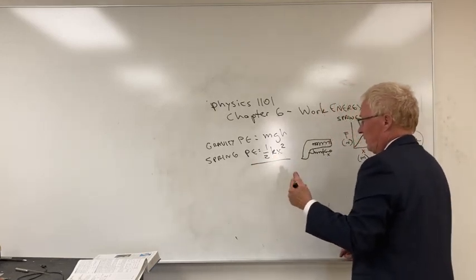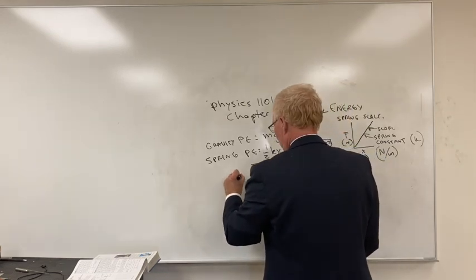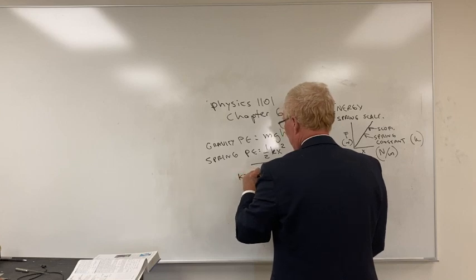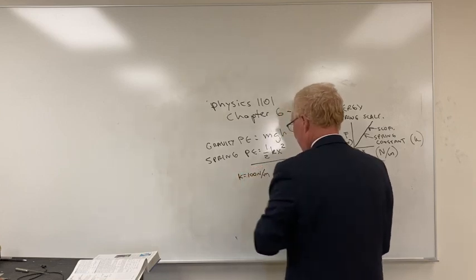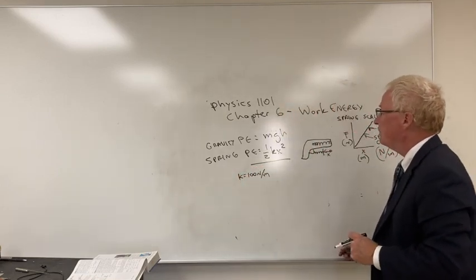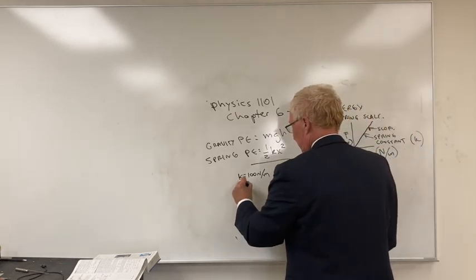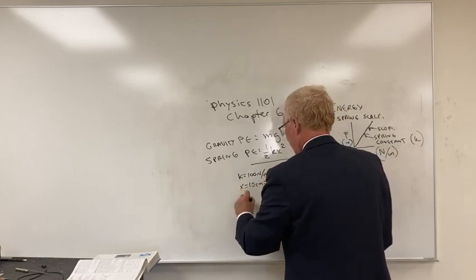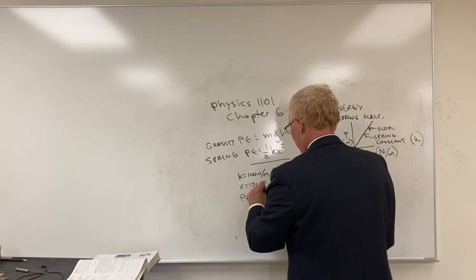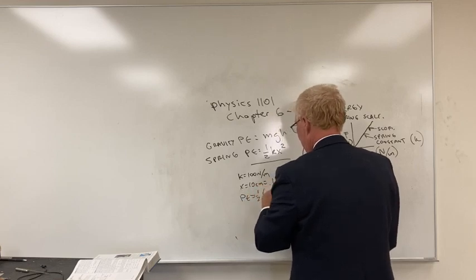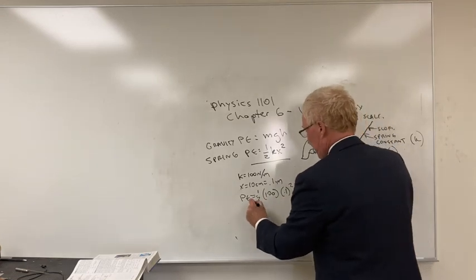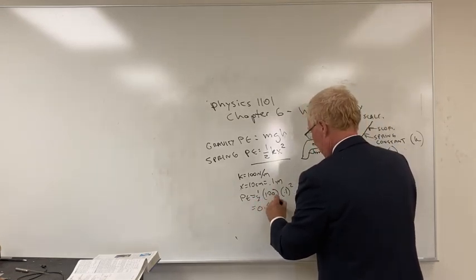So, a simple example. If we have a relatively strong spring where it takes 100 newtons per meter to compress it, and we press it, say, 10 centimeters, which would be 0.1 meters, the potential energy would be 1/2 times 100 times 0.1 squared, which turns out to be 0.5 joules.